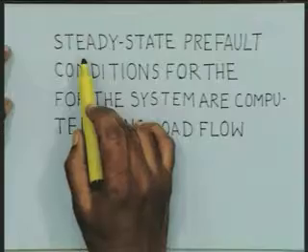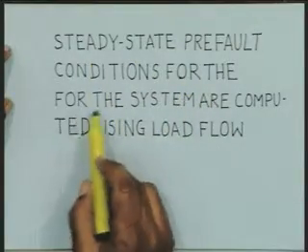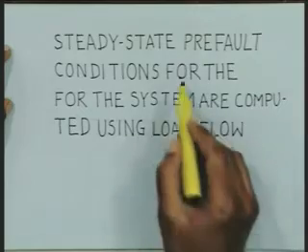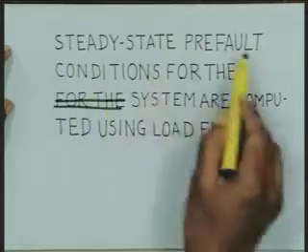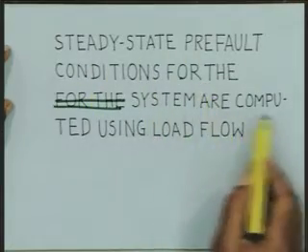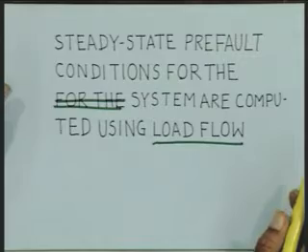Now, for a multi-machine system, the steady state pre-fault conditions for the system are computed using load flow. By mistake it is written twice. Therefore, a load flow for the system becomes a precondition for starting the solution of any stability problem in a multi-machine system.